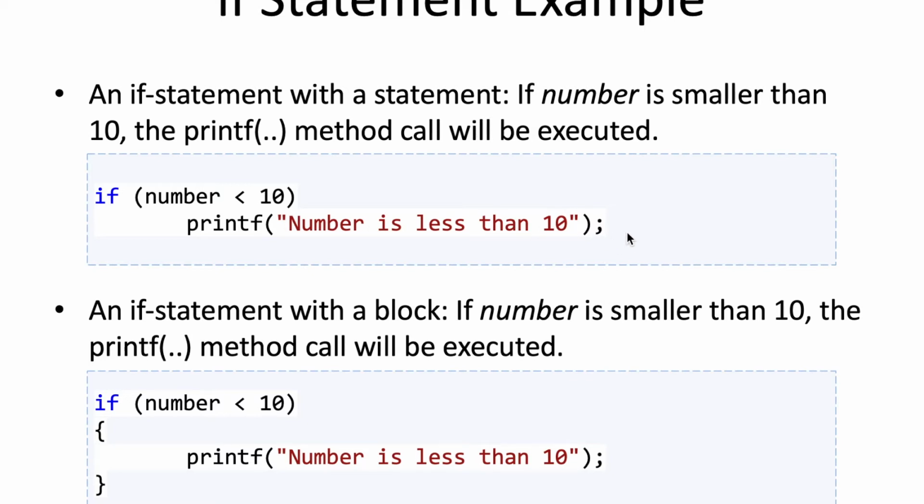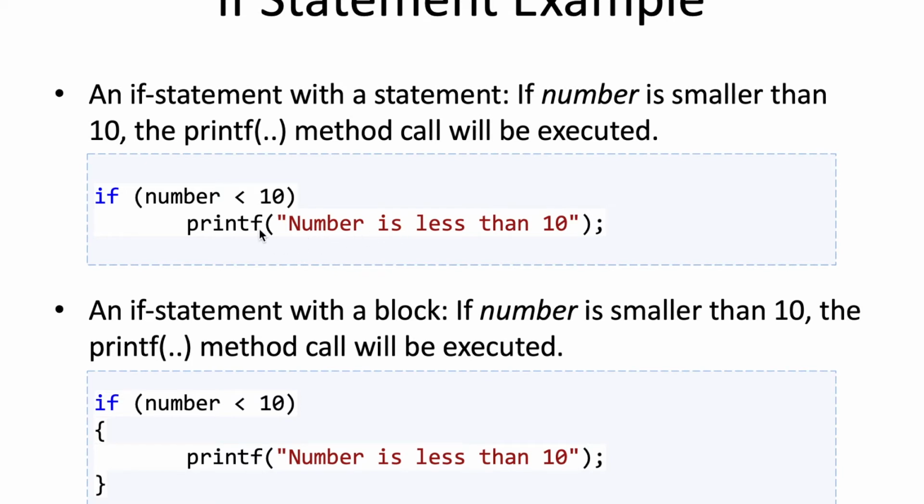But let's assume the number is 20. Is 20 less than 10? Then it's false. So if it's false, this statement will not get executed by the compiler.